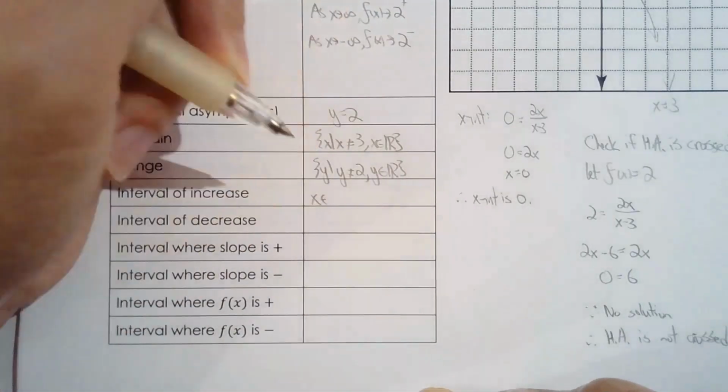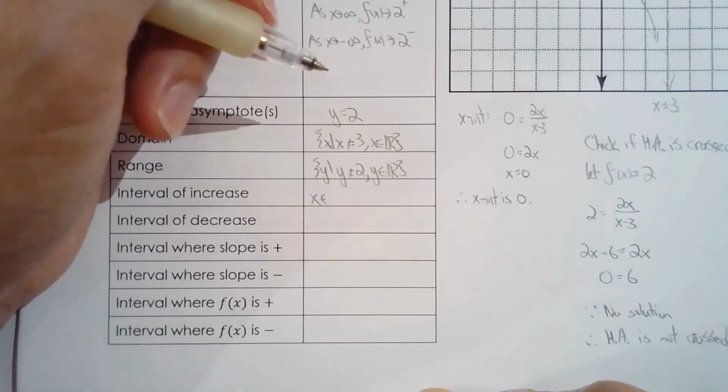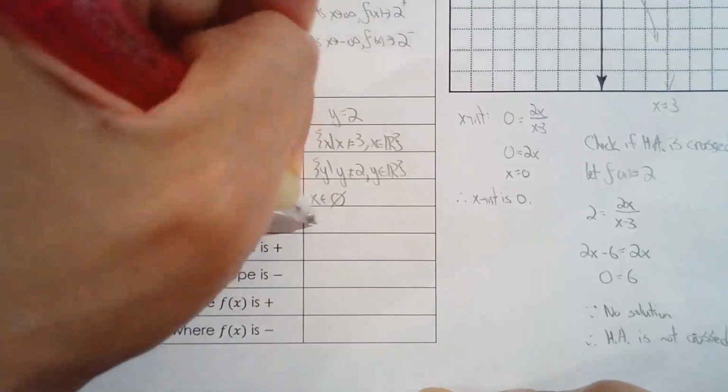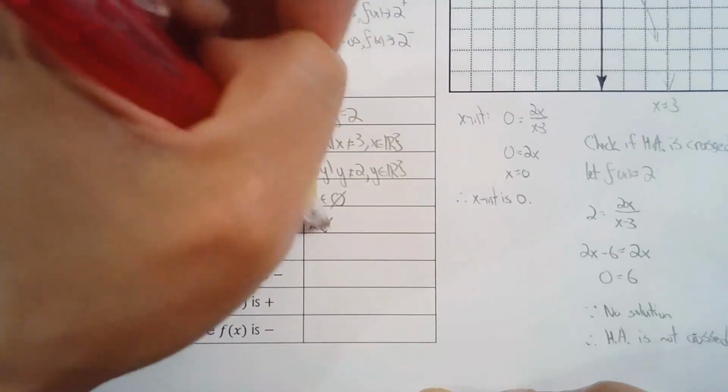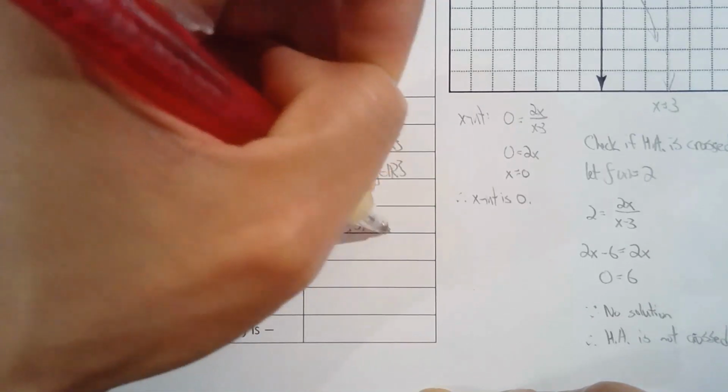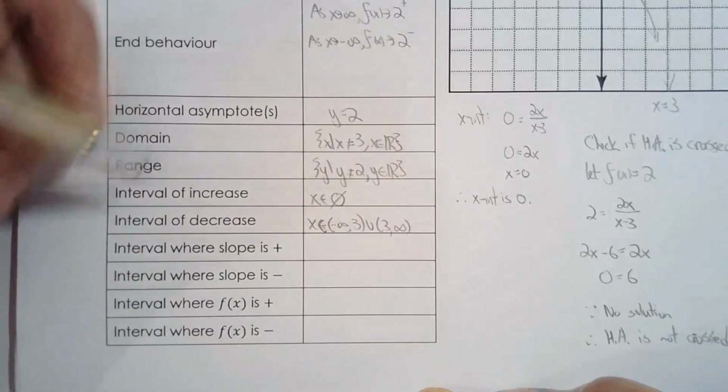Intervals of increase: if you look at the graph, the first branch is decreasing, the second branch is decreasing. So it's never increasing. In fact, it's always decreasing. When is the slope positive?